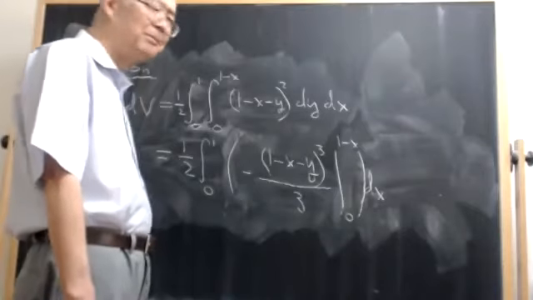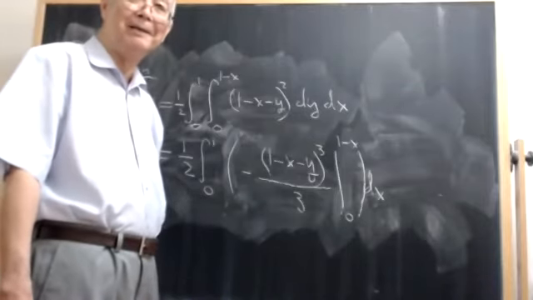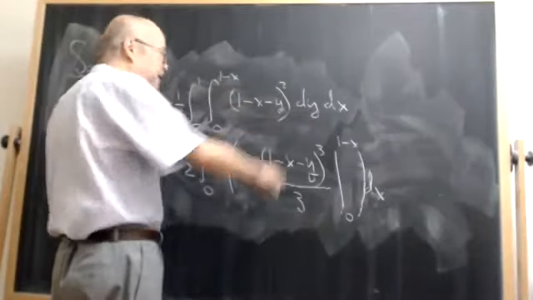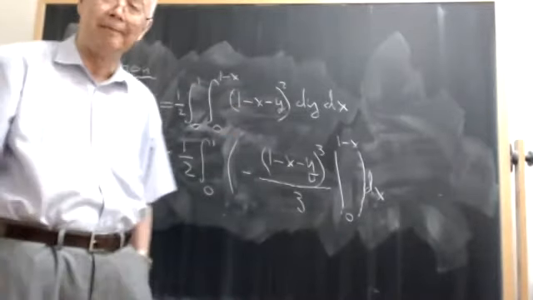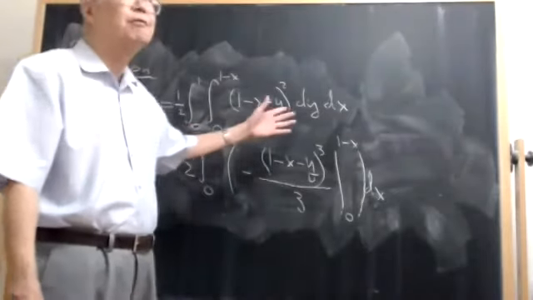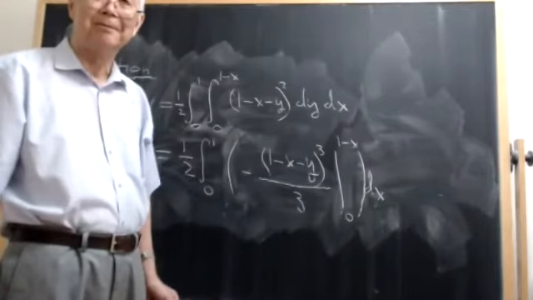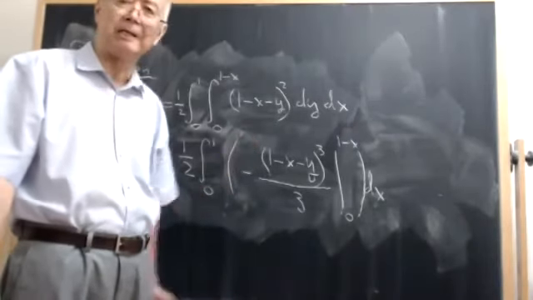That's also okay. But there's an easier way. Use substitution. You put u equal 1 minus x minus y. When you expand it, you have so many terms. So you use a substitution.